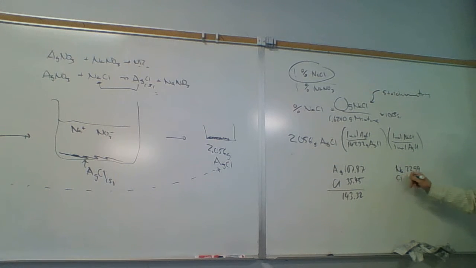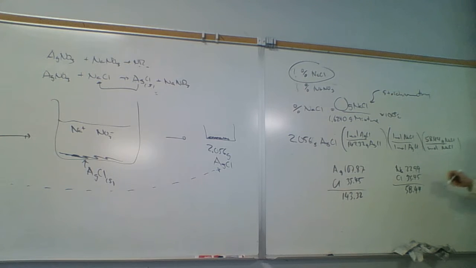Chlorine is 35.45, so 58.44 grams of sodium chloride per mole of sodium chloride.